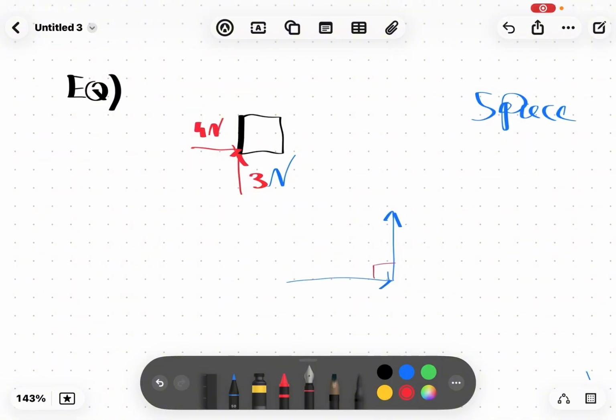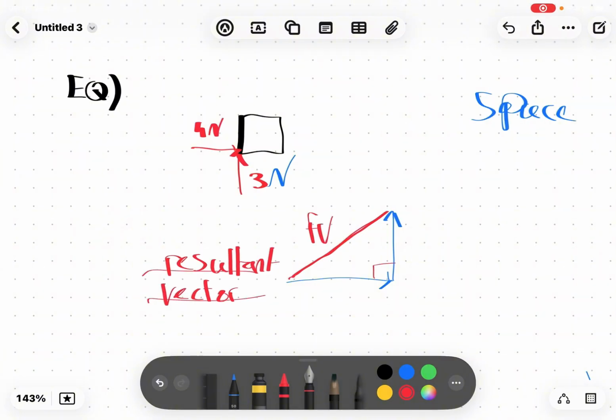As you can see, we have a 90-degree angle now, and because of that, we're able to find the resultant vector, which is FV in short. The resultant is the same thing as the result of these two. These two have the same result as one of these.